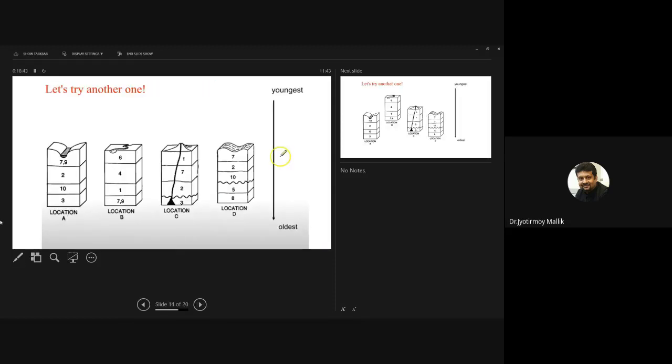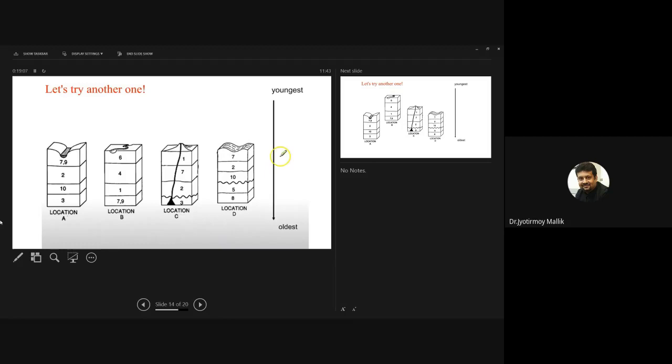Now let's try another one. What we will try to do is first create a stratigraphic column from oldest to youngest in this particular case. Now let us see which particular bed is present in all these four locations.